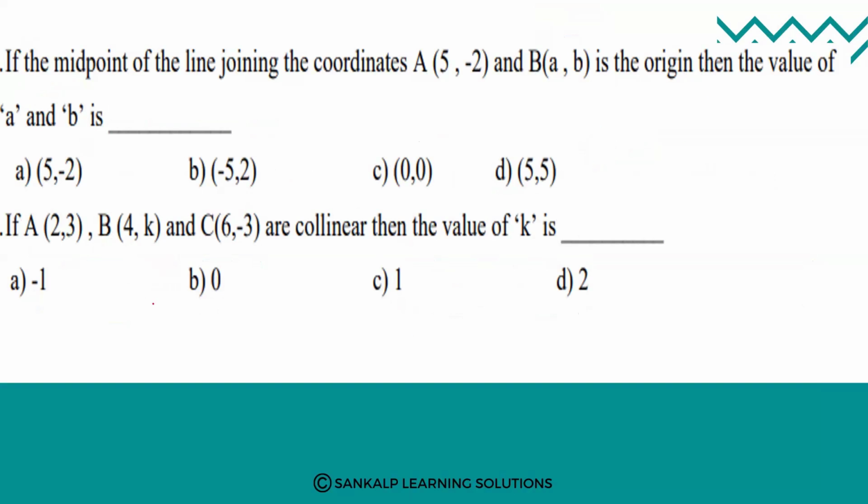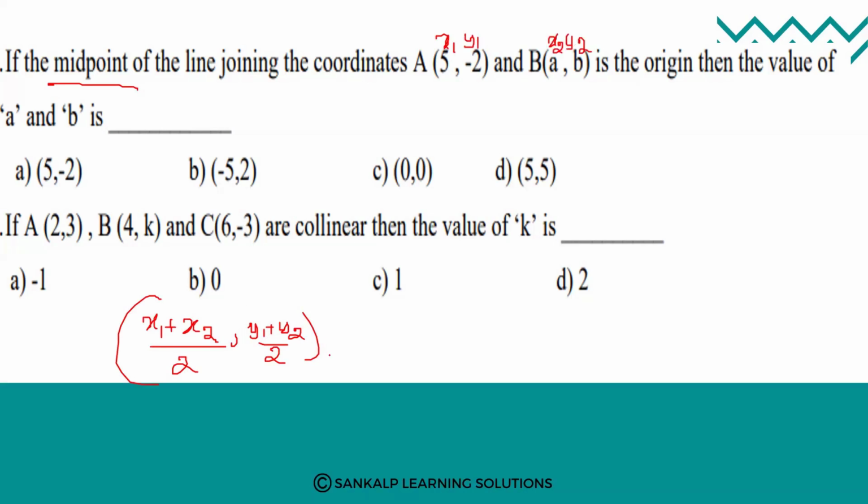Here it says midpoint, right? Midpoint of the line joining the coordinates. So (x1 plus x2) divided by 2, (y1 plus y2) divided by 2. This is the formula. x1 is x1, y1 and x2, y2.